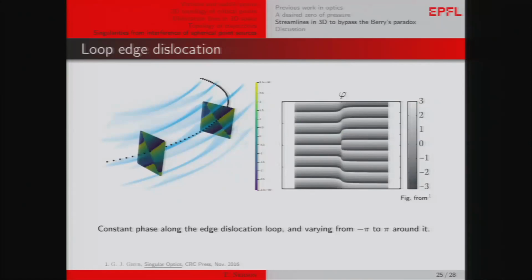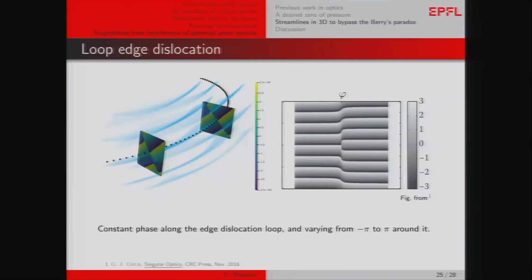We can see it from this plot. You might not be able to see it properly, but here you have surfaces of the phase, and they follow the direction of this huge dislocation that is seen from far away.